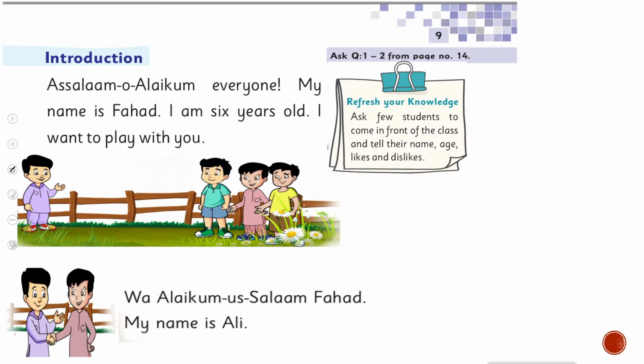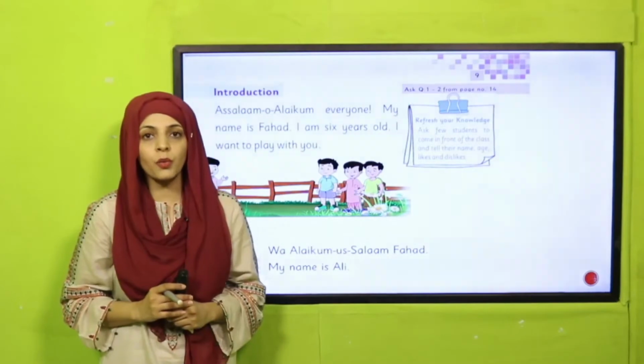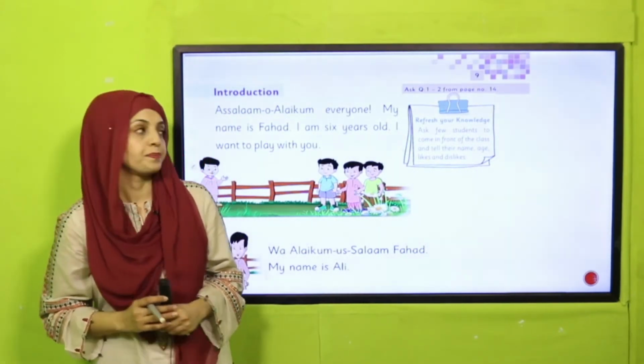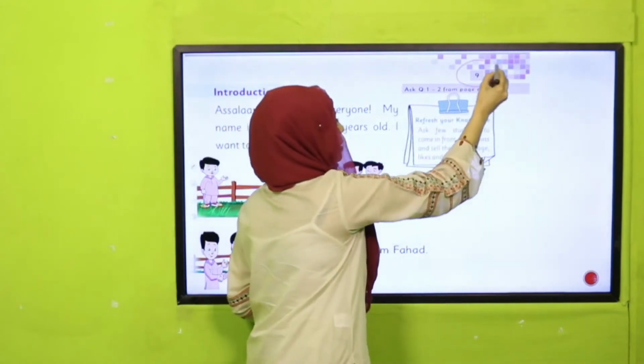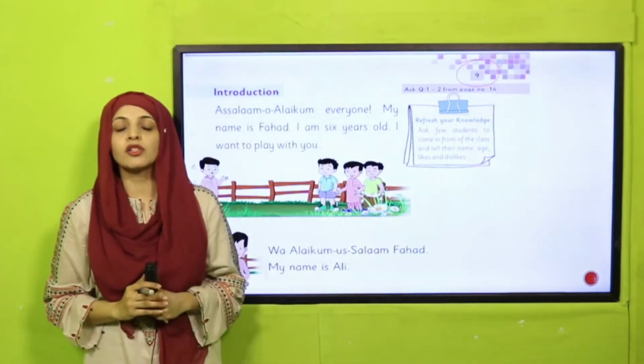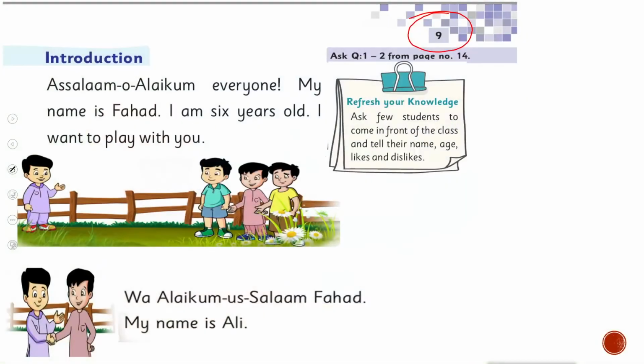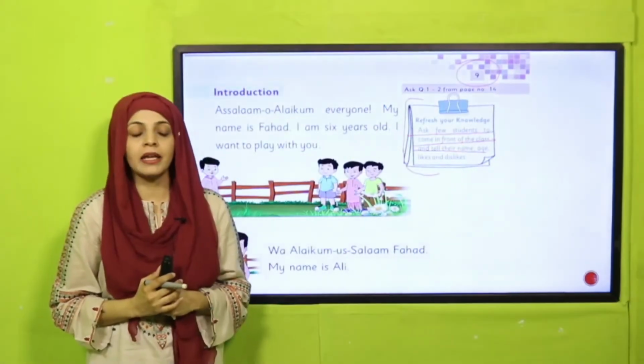Now I request all the students to please pause the video and open page number 9 in their books. I hope all the students have opened the page. First, refresh your knowledge. Ask a few students to come in front of the class and tell their name and age. Now I will call a friend of mine, Muhammad Ahmed.